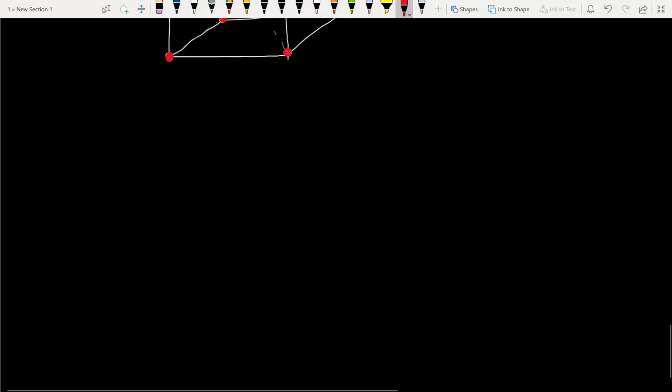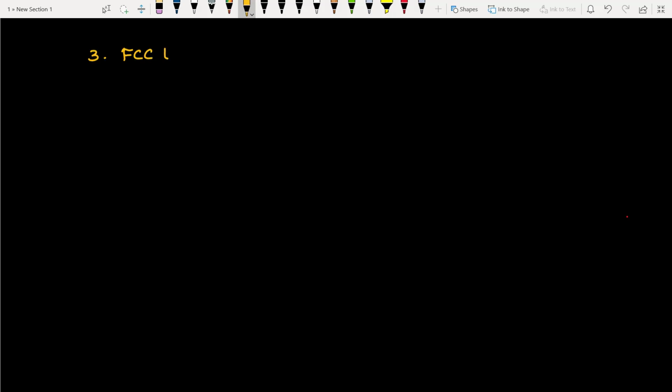So next is FCC lattice. So now we are to depict the FCC lattice and try to find the coordination number for this.